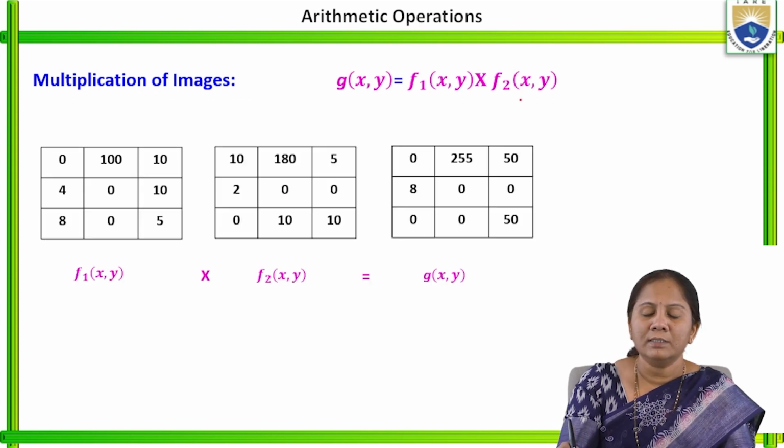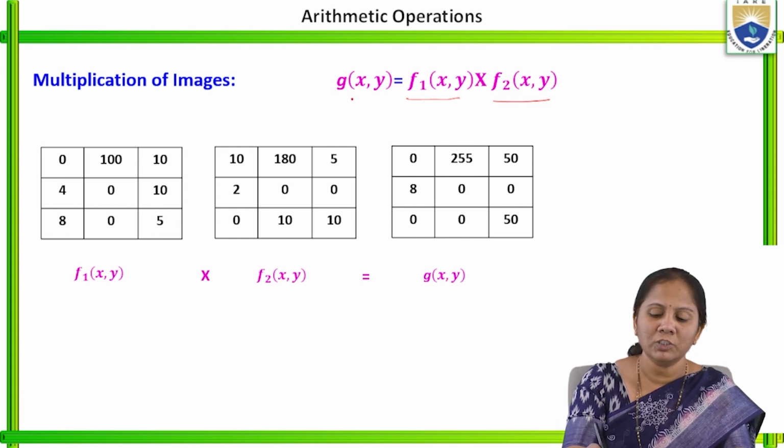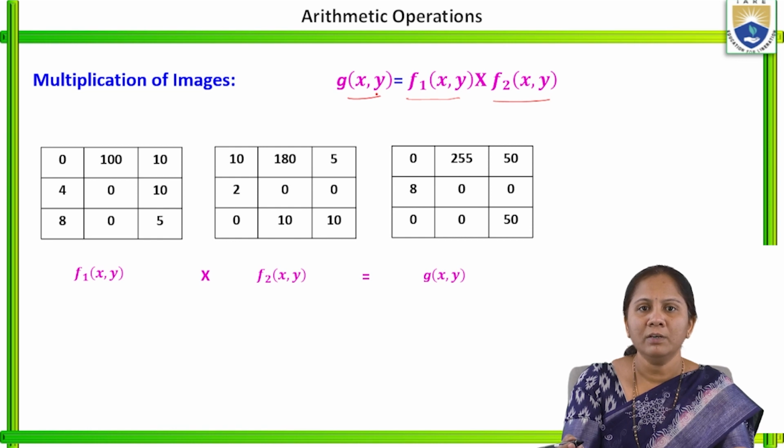So now let us consider this example and see how to perform the multiplication operation between two images. Consider here f1 of x comma y is image 1 and f2 of x comma y is image 2. If we perform the multiplication operation between these two images, we are going to get the result, which is the new image g of x comma y.